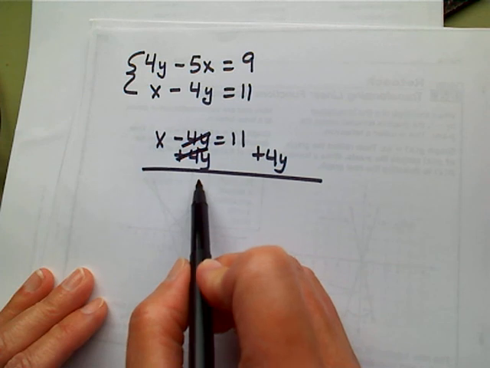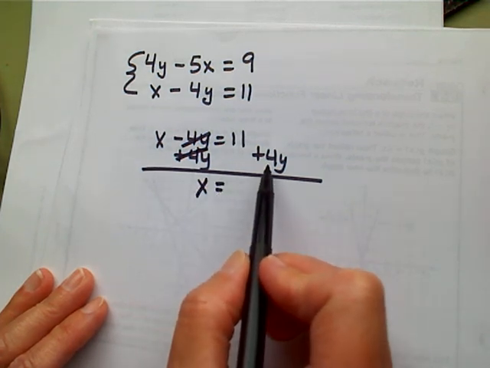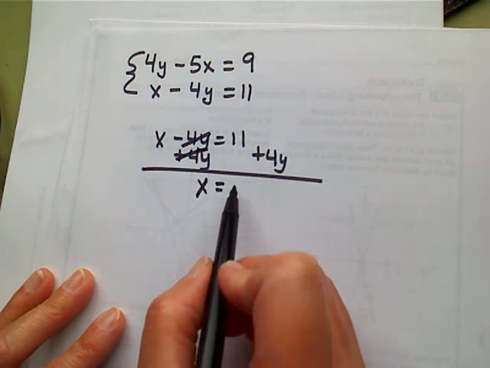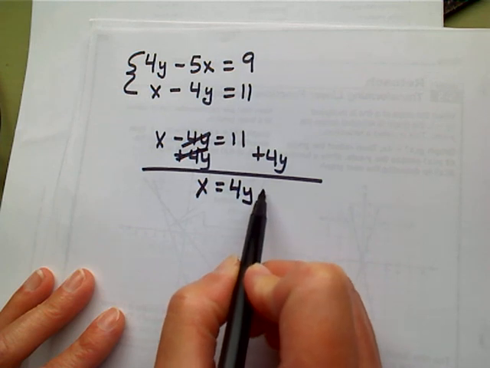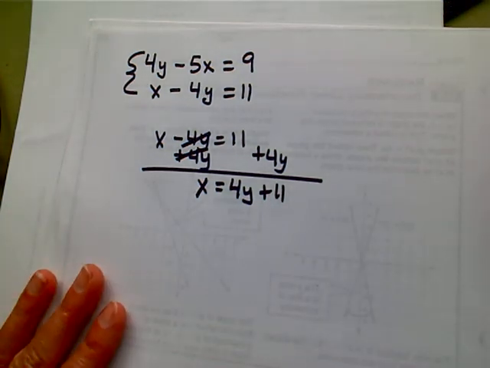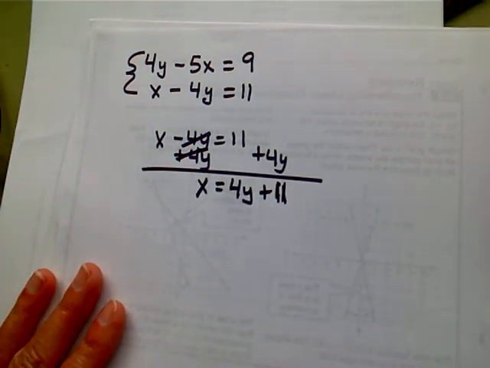Those two will cancel out, leaving me with, and I just like to rewrite it with my variable in the front, it's just a preference, x equals 4y plus 11. Okay, so now I have an equation that's stating what x is. It's not the value of x, it's just an equation of what x is.